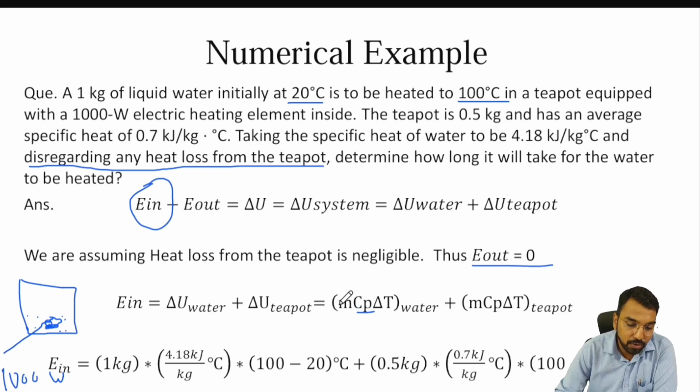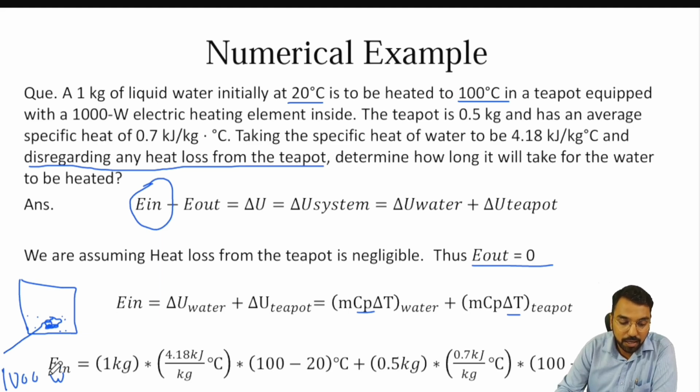So mCp delta T of water is the internal energy change of water due to the temperature difference from 20 to 100 degrees Celsius. Similarly for the teapot, the change in internal energy is for the temperature difference from 20 to 100 degrees Celsius. Just put the numerical values in this equation.